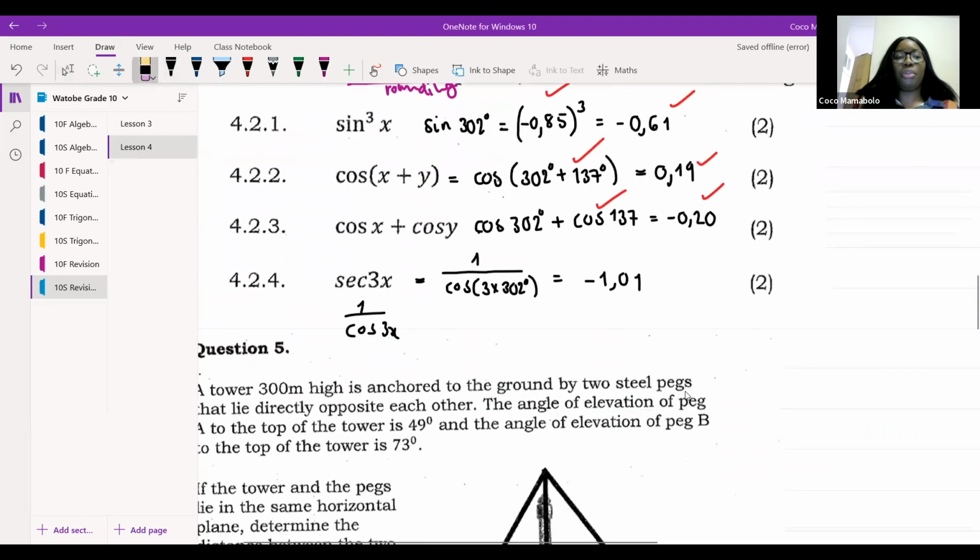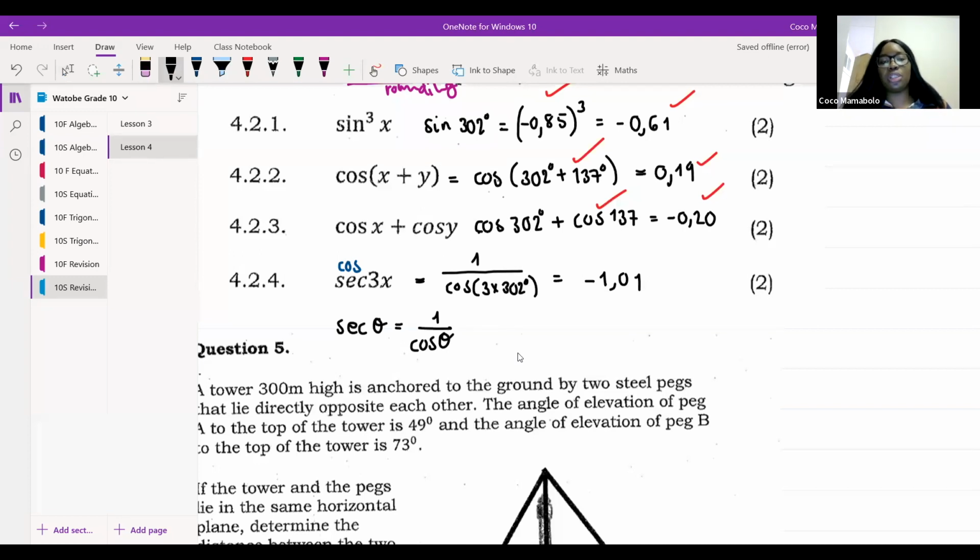Okay, so remember that the cousin of sec is cos. But because this time we don't have a drawing, we need to use the fact that sec of theta is equal to 1 over cos of theta. Okay, that's what we're using here. So now we've got sec of 3x.